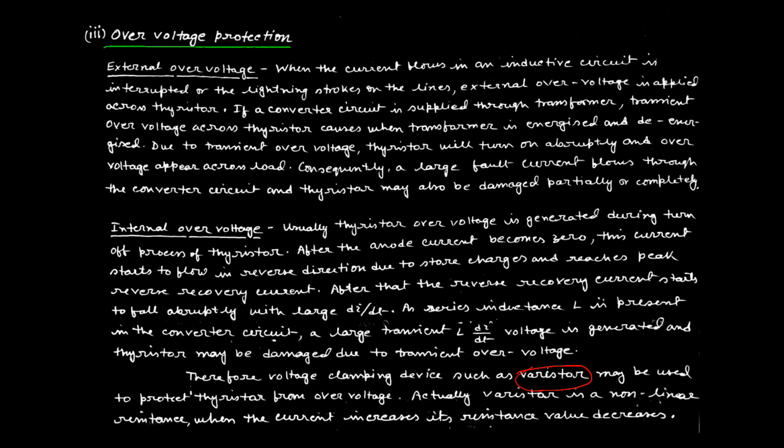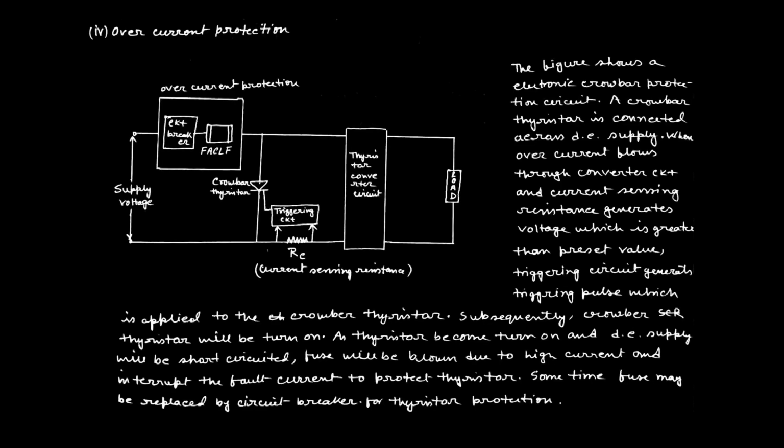Now, the concept of overcurrent protection. In this case, there is overcurrent protection. We have considered a schematic or simple circuit diagram to protect against overcurrent during operation of the thyristor.